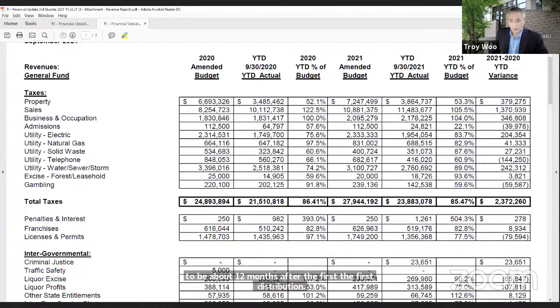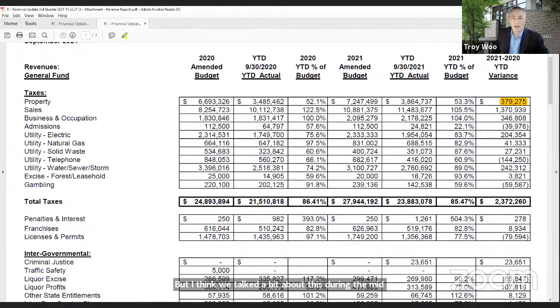That's a nice segue into the details of revenues. Property taxes are about $380,000 higher. We certainly expected an increase just because of the new construction credits and the 1% increase. But I think we talked a bit about this during the mid-year report.